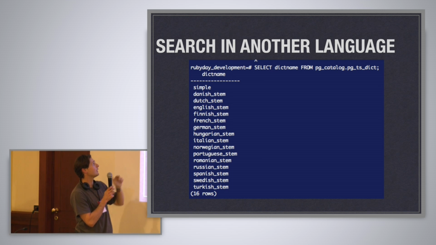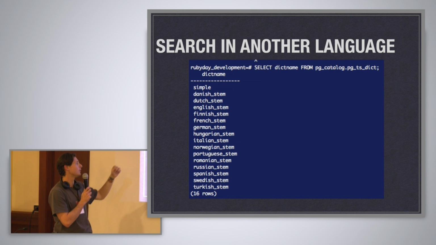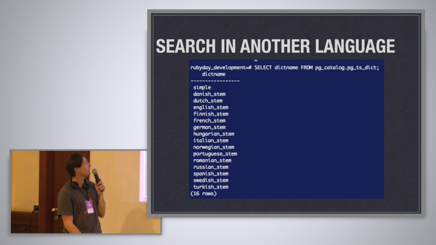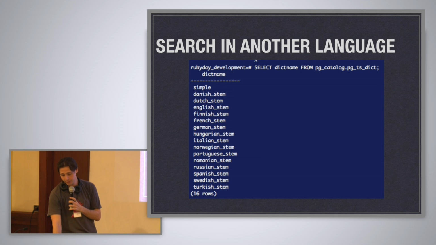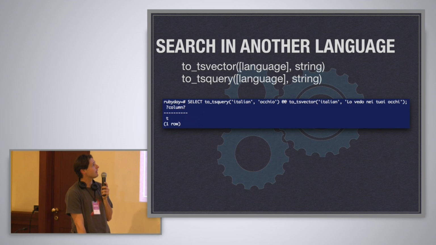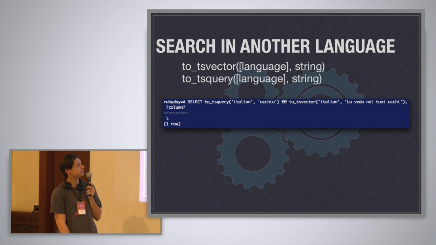You can see that we've got Italian here. We've also got Romanian, Russian, Spanish, English, Dutch. So it's actually quite powerful for something that comes bundled with your existing database software. And so here, if we pass in Italian to both, then we get back true. Beautiful.